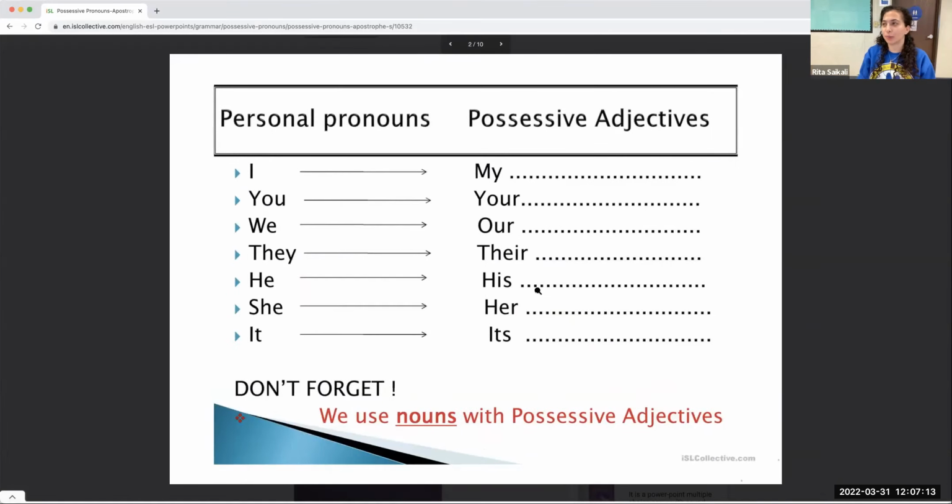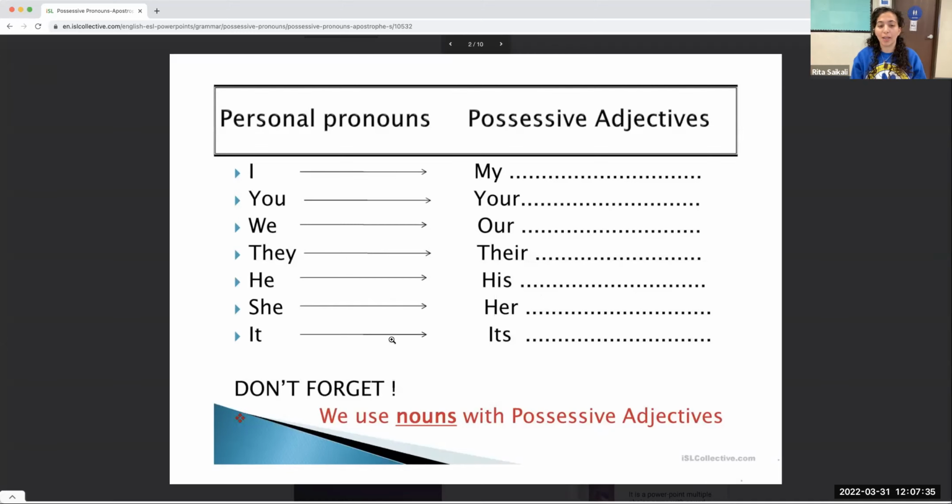So we have personal pronouns, and again, these are just a review: I, you, we, they, he, she, and it. You know this, okay? You've seen this. Possessive adjectives are my, your, our, their, his, her, and its, okay?